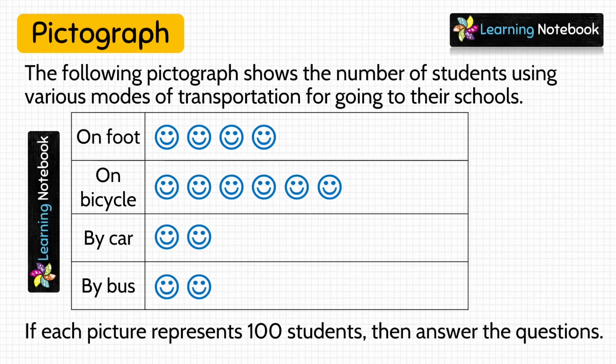And different modes of transportation are on foot, on bicycle, by car and by bus. And it is also given that each picture, that means each smiley, represents 100 students. Okay, now on the basis of this pictograph, we are going to answer some questions.